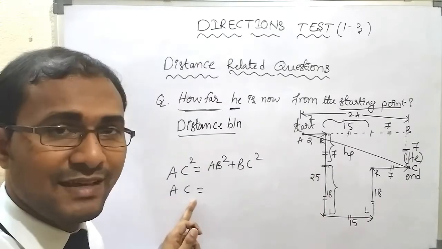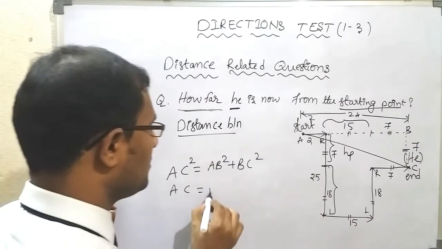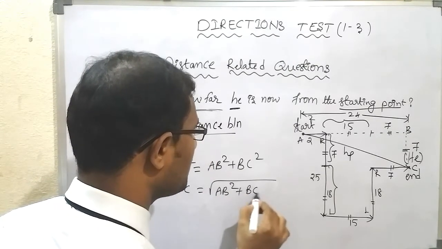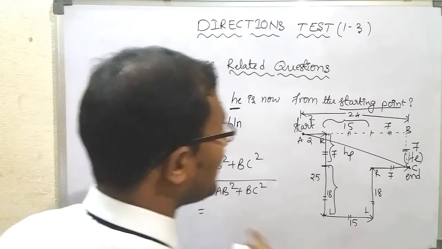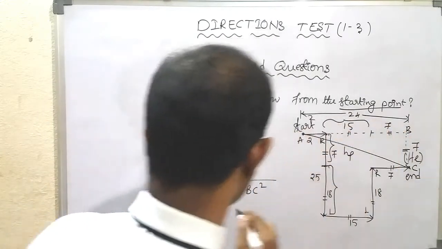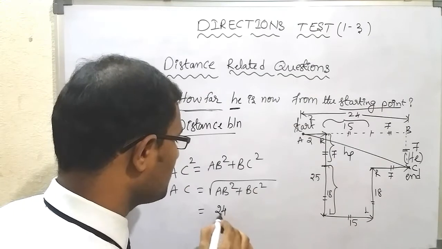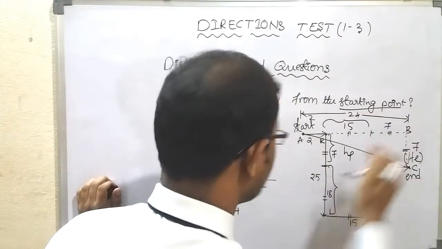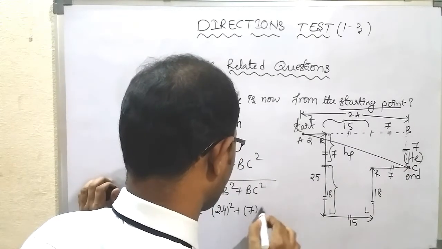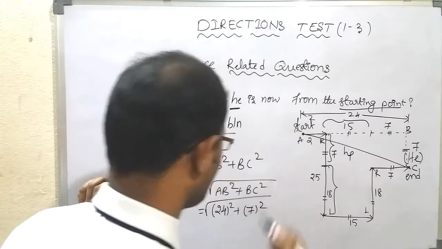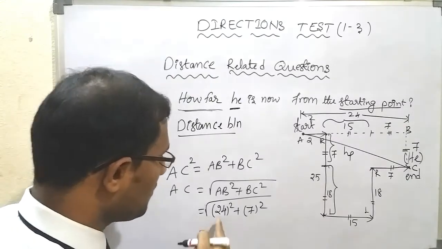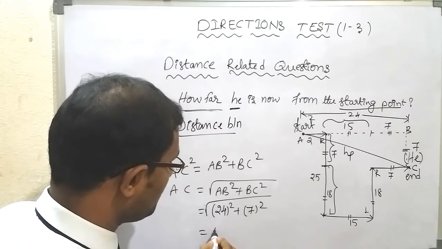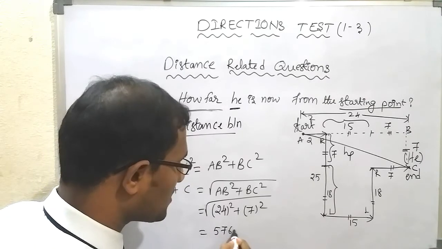So if you want to find the AC value, then just take the square root of AB square plus BC square. So what is the AB value here? AB value is nothing but 24 square. What is the BC value here? 7 square. Now let us see what is 24 square. It is 576.